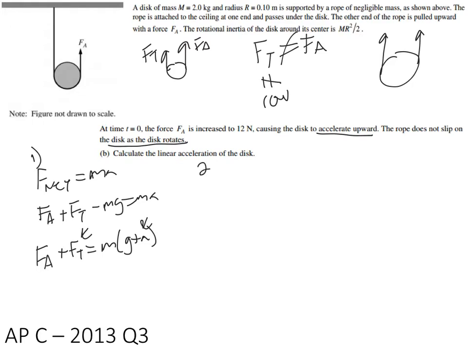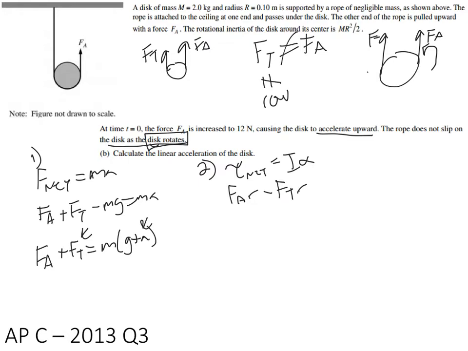My second is dealing with the rotation. So tau net equals I alpha. We have FAR. Now this time, Ft is in the opposite direction. Because remember, when we do torque, we're not talking about whether it's up or down. It's whether it's rotating it clockwise or counterclockwise. This is Fa, and it's causing it to rotate counterclockwise.